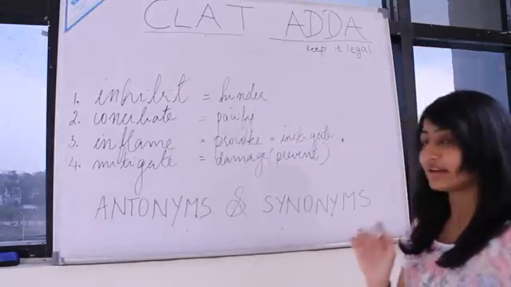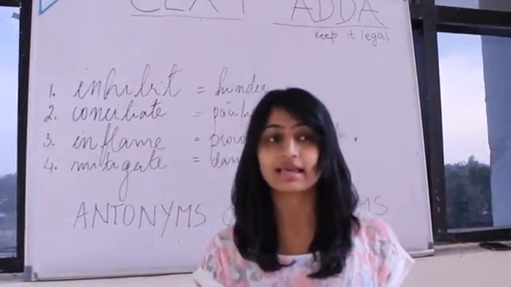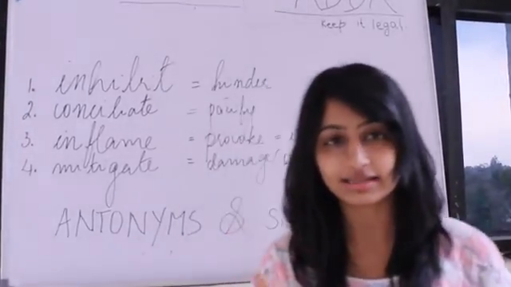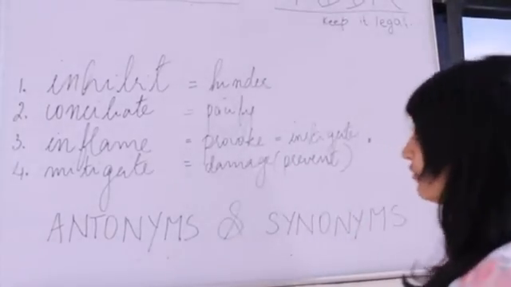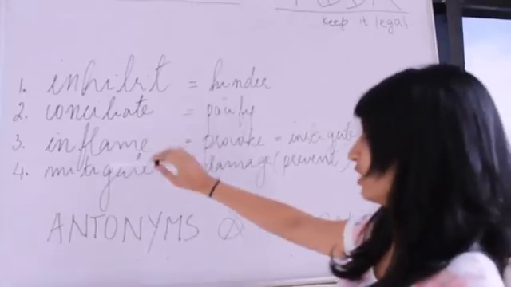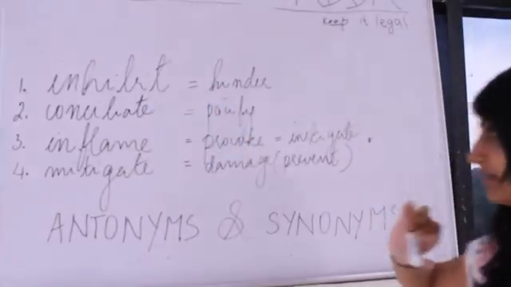Now, for example, it's very important here also to derive the context, but if the word is not located in the passage, then there arises a slight difficulty. Now, for example, over here you have 4 words. You have inhibit, conciliate, inflame and mitigate.